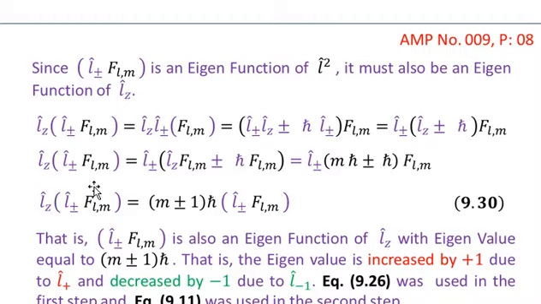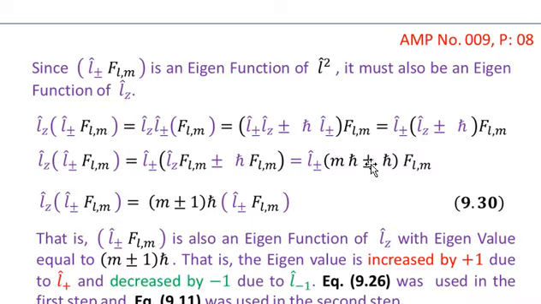The left hand side is the same, and I am just processing the right hand side in the second step. I have moved FLM inside the parenthesis. Now you see that only Lz will operate on F, which will give you M times h bar. And then I have taken FLM back on the right hand side, as the common wave function.